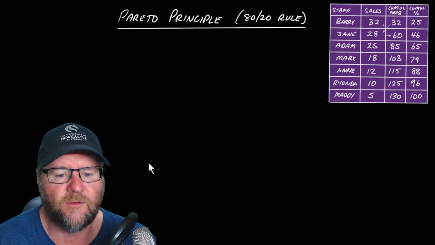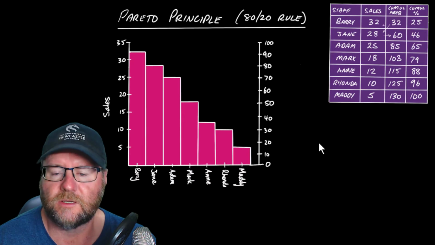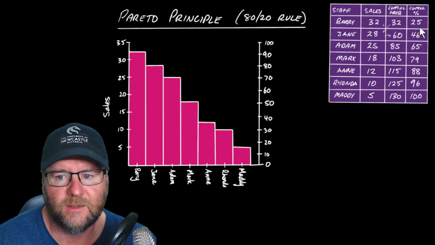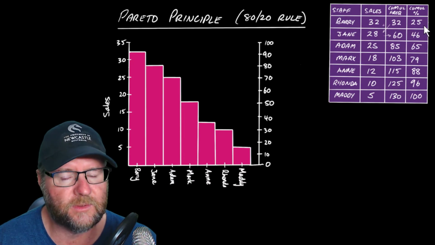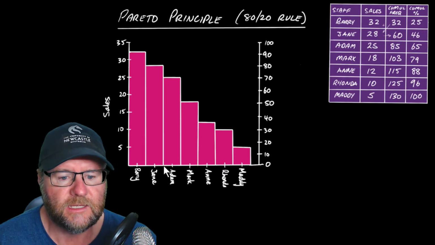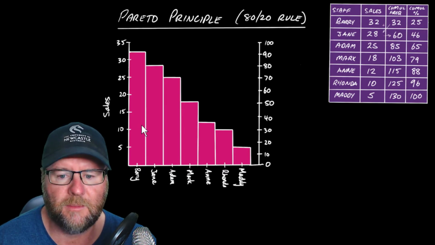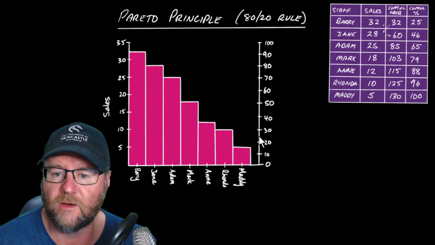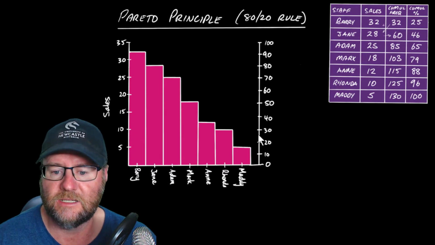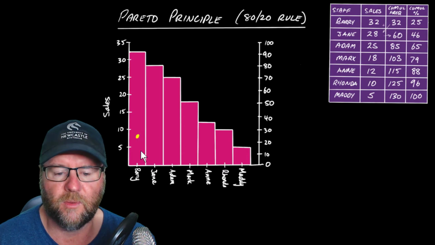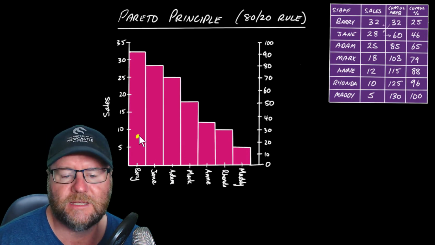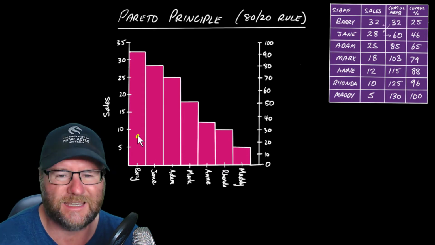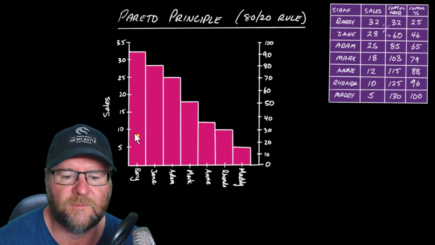So let's have a look. For Barry, the cumulative frequency percentage was 25. So in Barry's column, I'm going to come up until it lines up with 25, and I'm going to come across and pop a point there for Barry. It's kind of like a second scale on top of it, really. I've got 25% for Barry.